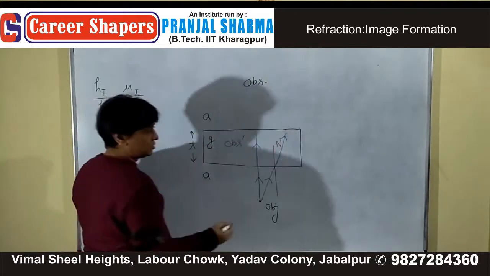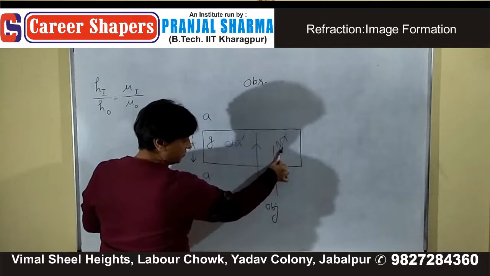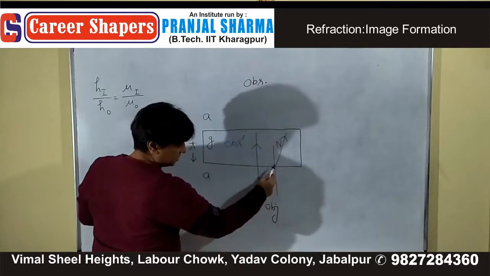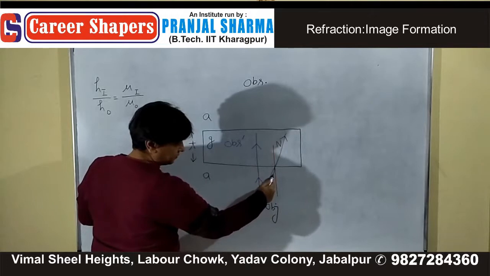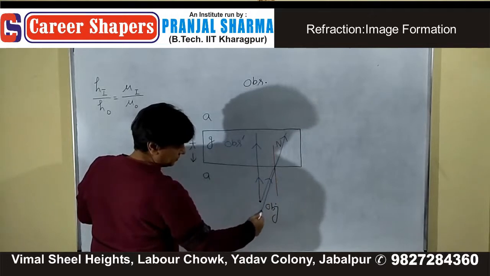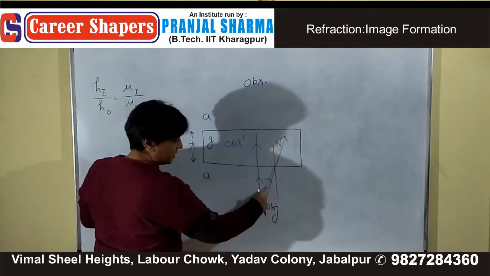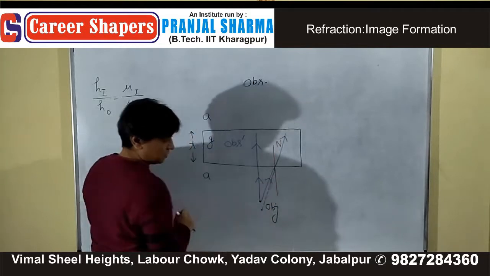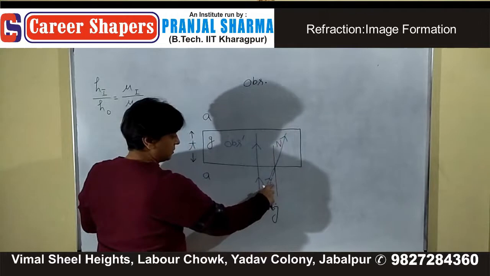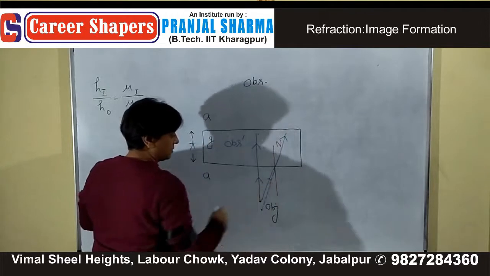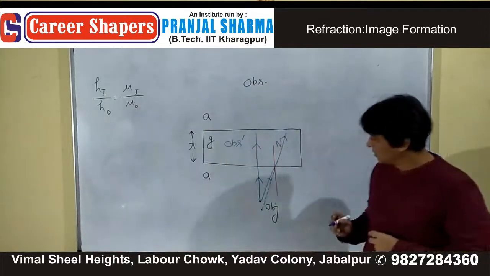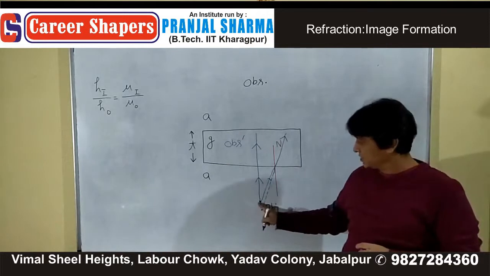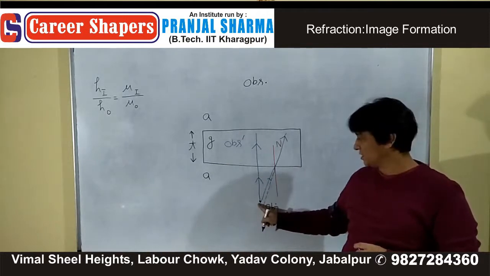And how do you do that? You will produce this refracted ray backwards like this. And then do this. This is your object.